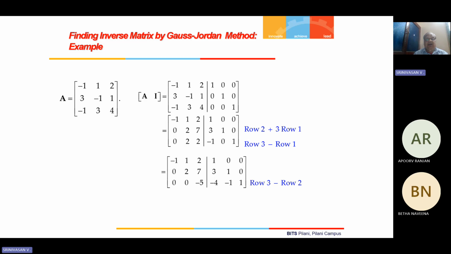That means what is the connection between these two? You have to multiply minus 1 by 3 and add it to 3. That means R2 elements are to be added to 3 times all elements of R1. That's the meaning. So R1 is R1, row 1 is row 1. This is how normally we write R1 arrow mark.